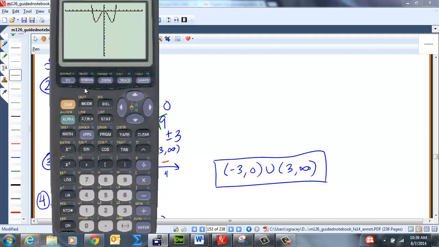Actually, let's get our y values. Let's try zoom standard and see. Okay, so get our window a little bit lower on the y min. Try 30. There we go.